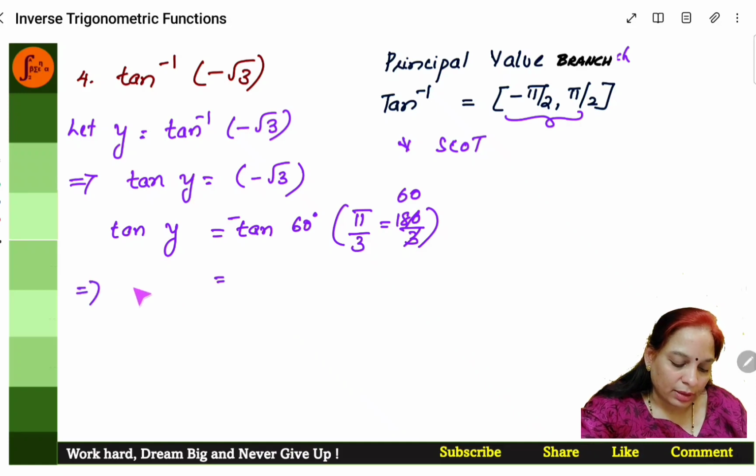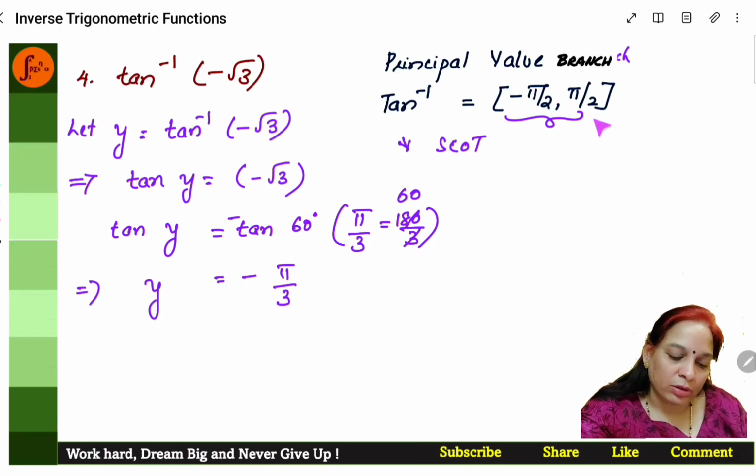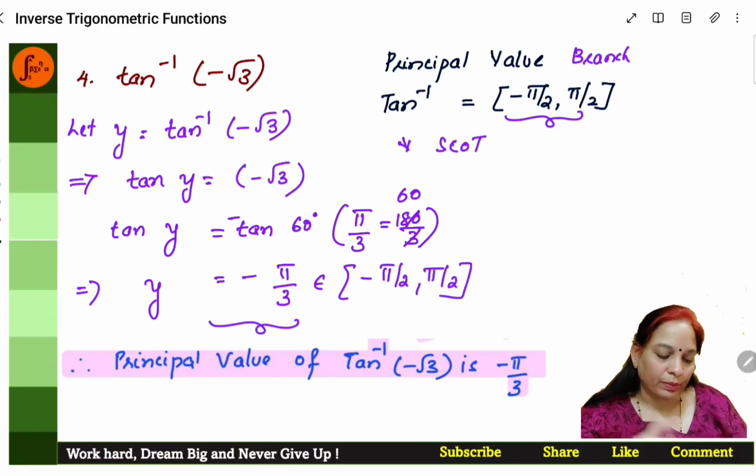This implies that y is equal to minus pi by 3. Now check if it belongs to this particular principal value branch. So it does belong to this particular principal value branch. Therefore the principal value of tan inverse minus root 3 is minus pi by 3.